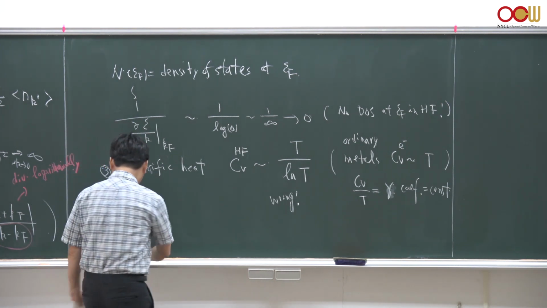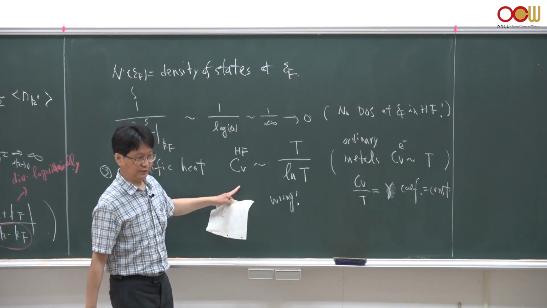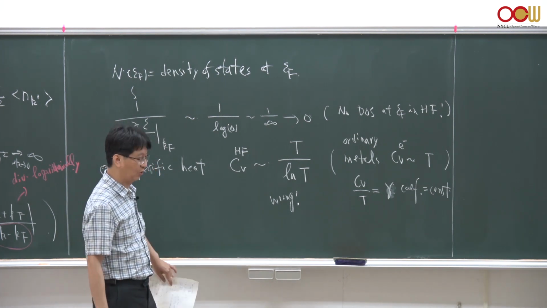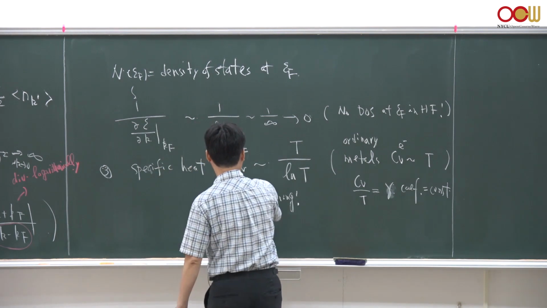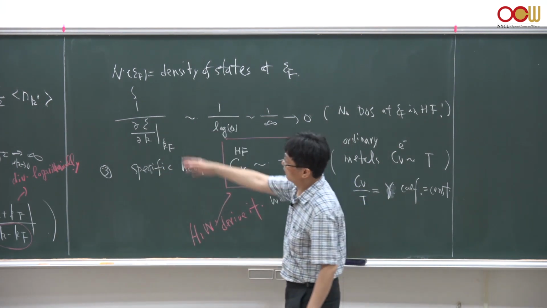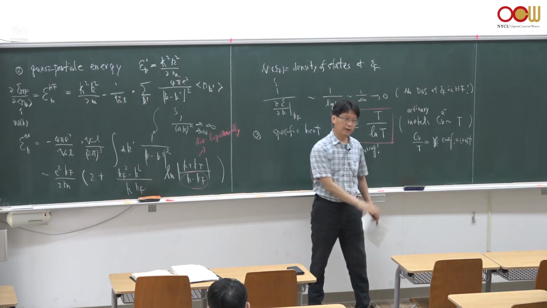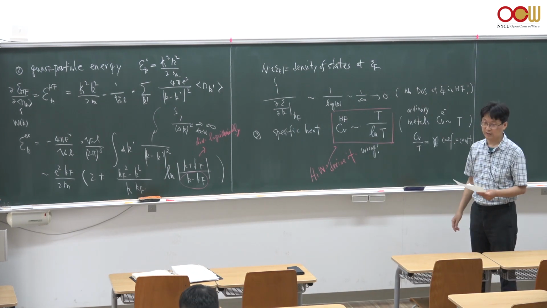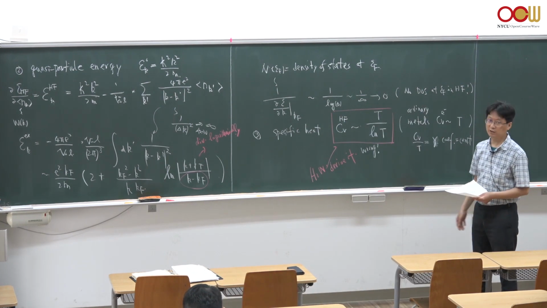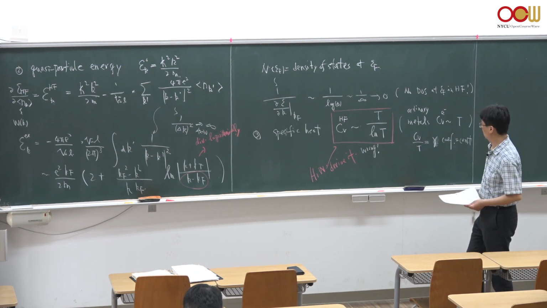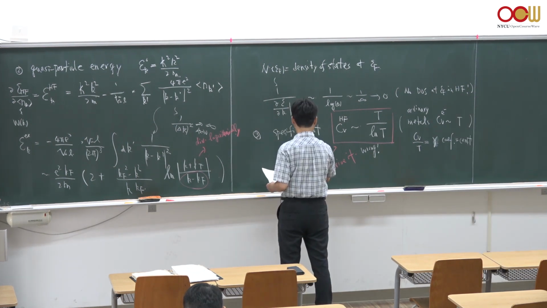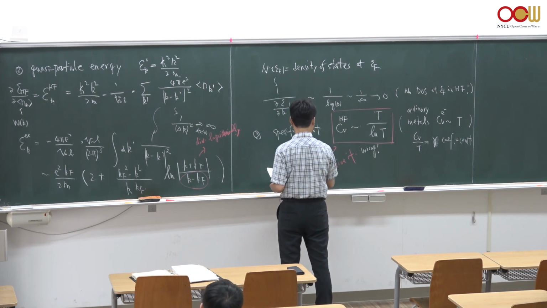And even though this is a wrong prediction, it is an interesting homework exercise. So derive it. Again, go back to the Hartree-Fock energy and calculate the internal energy of the system, and following the statistical mechanics textbook, you can calculate the entropy and take the derivative of the entropy with respect to the temperature.